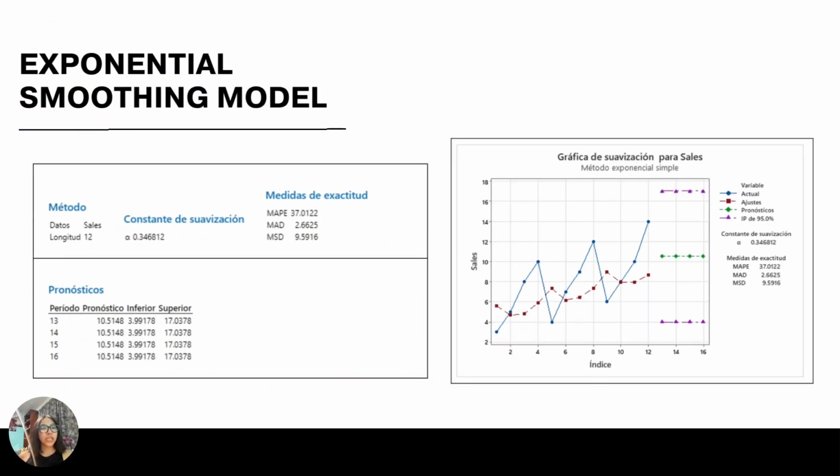Then we used an exponential smoothing model, and this model also failed to account for the cyclical patterns in the data, leading to straight line predictions that did not reflect the actual sales trends, just as it can be seen in the graph and in the table.